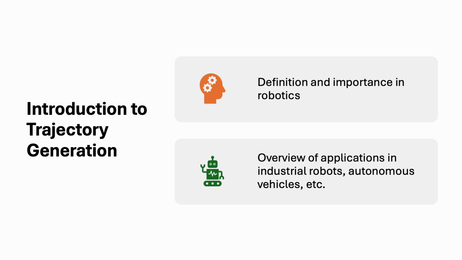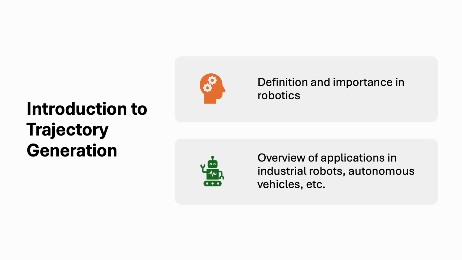Trajectory generation in robotics refers to the process of calculating and defining a path that the robot's end effector or body should follow to move from an initial position to a desired position in space. The path, known as a trajectory, involves not only the spatial route, but also the velocity, acceleration, and time parameters that dictate how the movement should be executed.